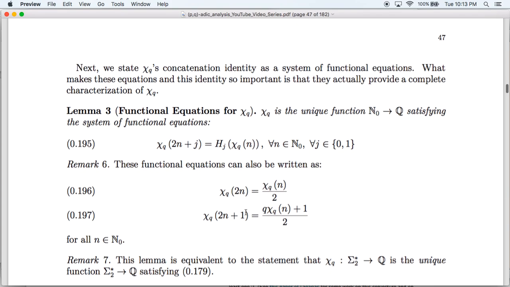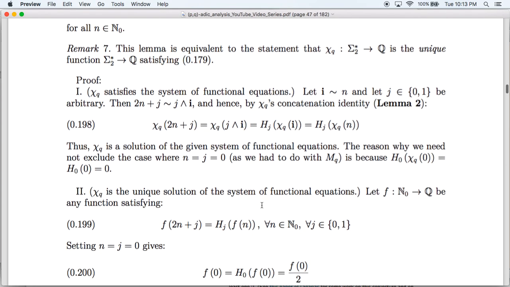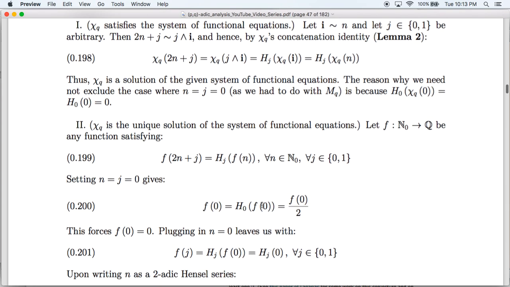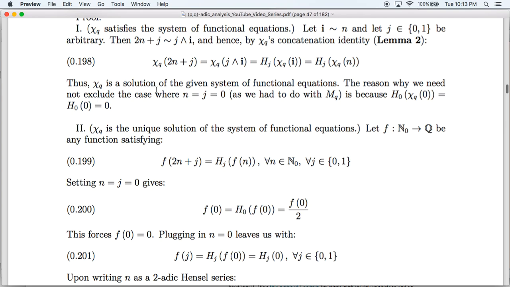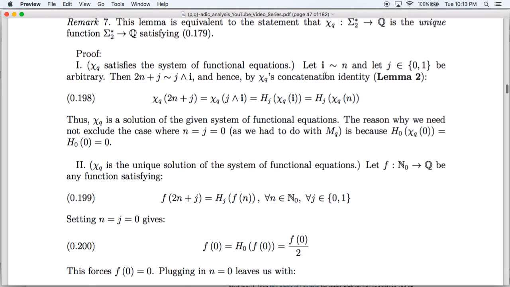And remember, in episode 1, we proved these functional equations from the F-series representation. The proofs are very nice. So, first, show that chi-q satisfies the system of equations. Let bold I represent n, and let j be 0 or 1.